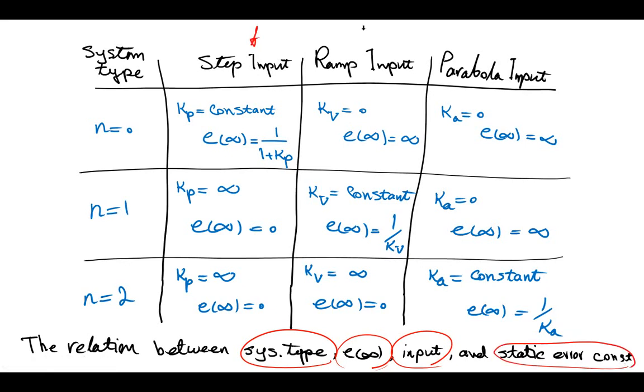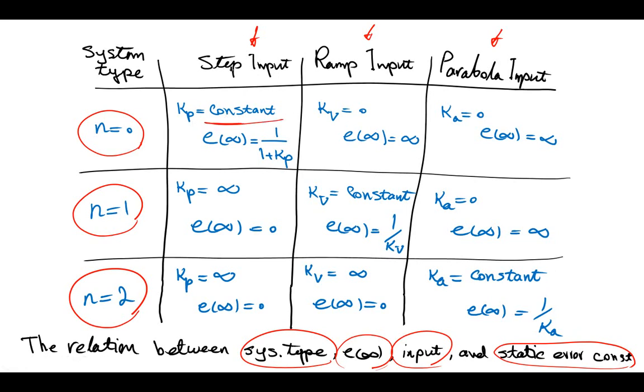This is given for 3 different basic inputs: step input, ramp input, and parabola. For system type 0, system type 1, and system type 2. It says that if the system type is 0, then when you apply this step input, first of all, the Kp, the position constant, will be a constant number.